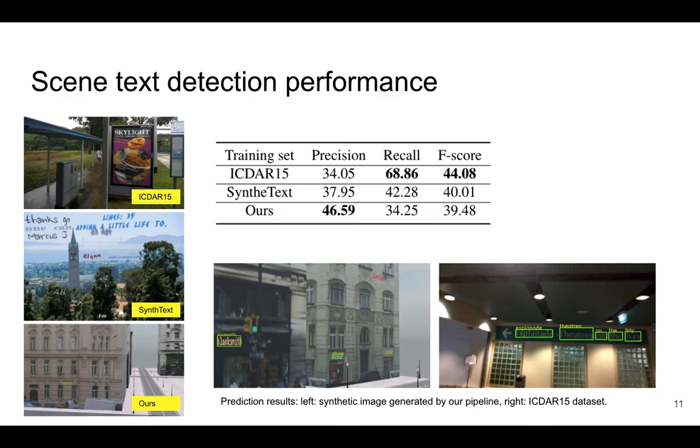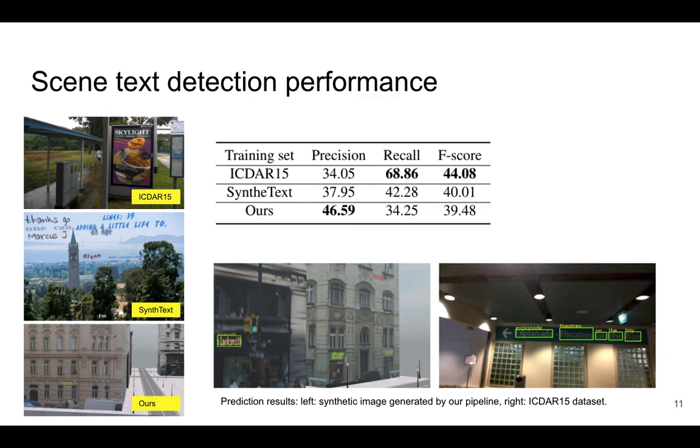In this work, we firstly proved the effectiveness of the synthetic training data generated by our pipeline for the text detection task. We trained an object detector of the Faster RCNN model with the CNN layers replaced by ShuffleNet. We compared the performance of our generated synthetic images with the SynthText dataset and ICDAR 15 training set.